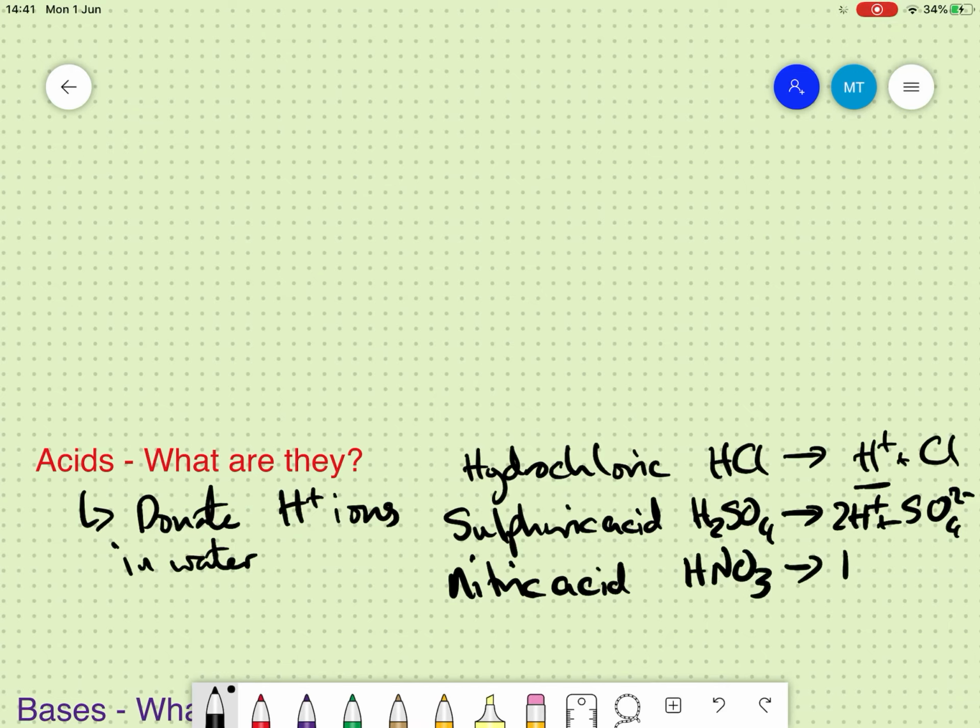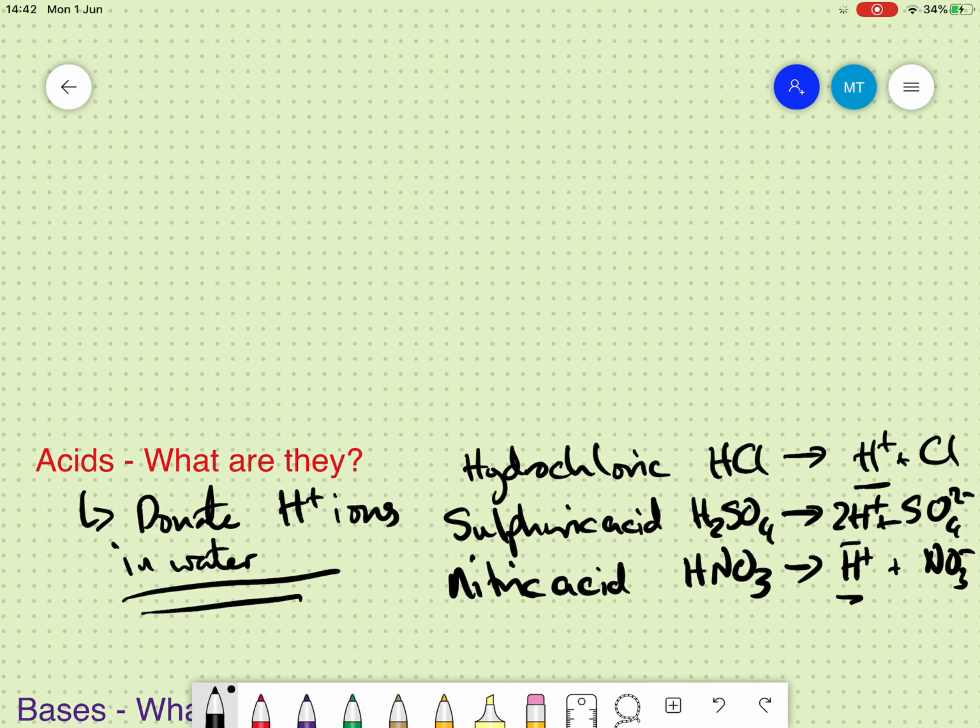It separates in water to release H+ plus NO3- ions. So you can see they all release H+ ions in water. Yes, they have characteristics that mean they have a pH of less than 7, and they turn universal indicator orange to red, but that's not what defines them. What defines them is the fact that they donate H+ ions in water, and we'll look at that later on.